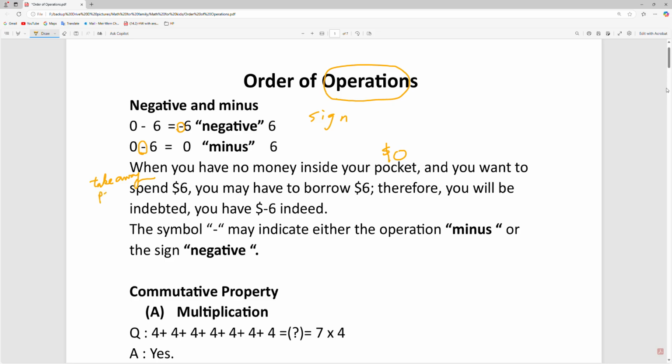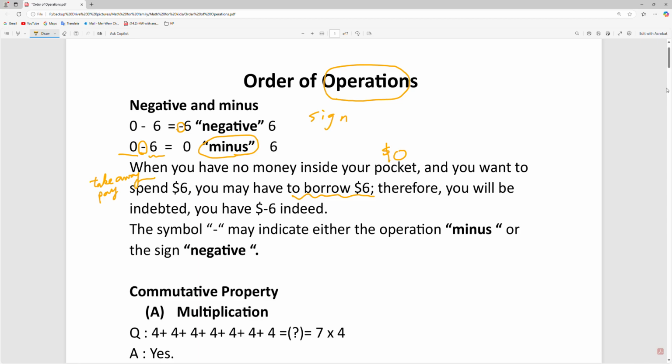Or you want to pay, so we call this minus. But you have $0. How do you minus 6? You cannot pay, so you have to borrow $6. Therefore, you will be in debt. You have to borrow money from others.